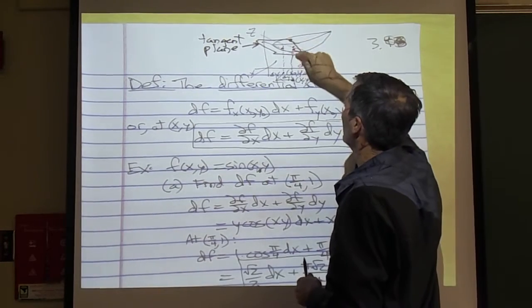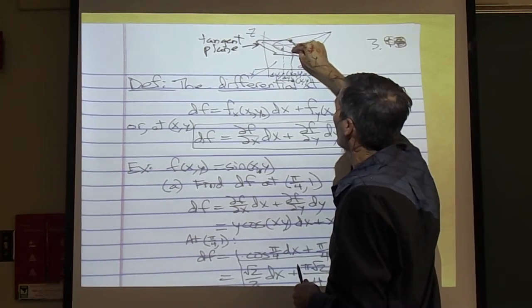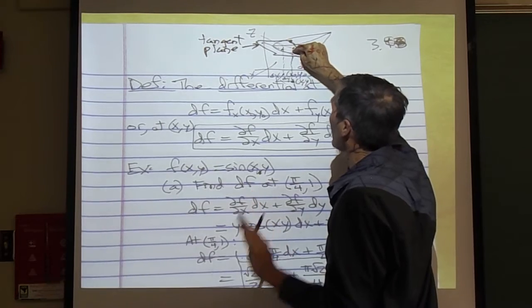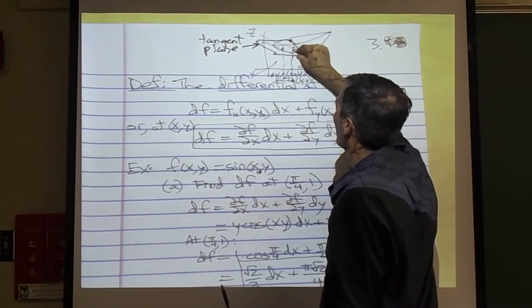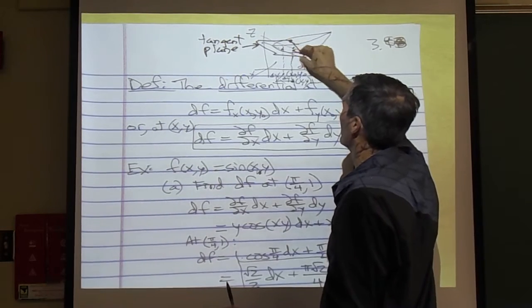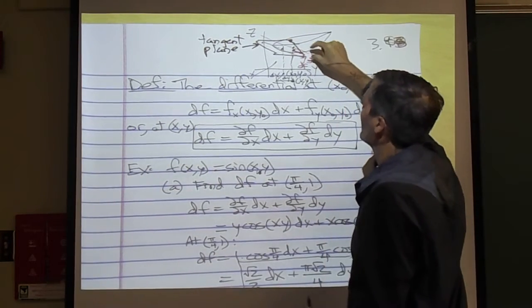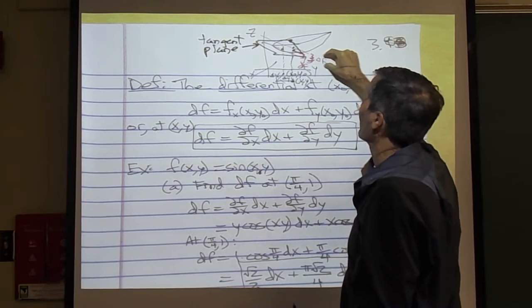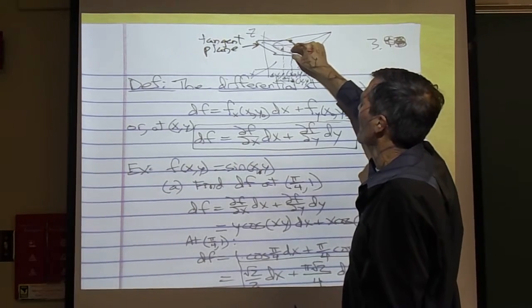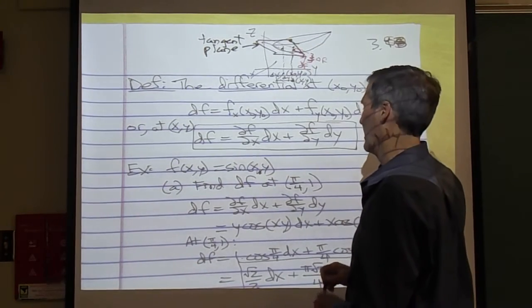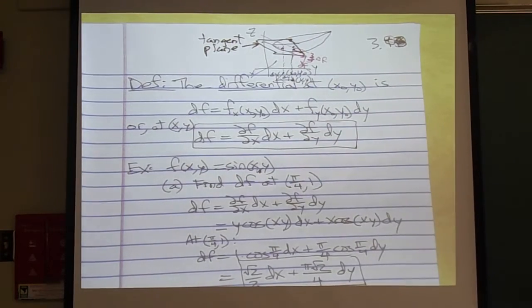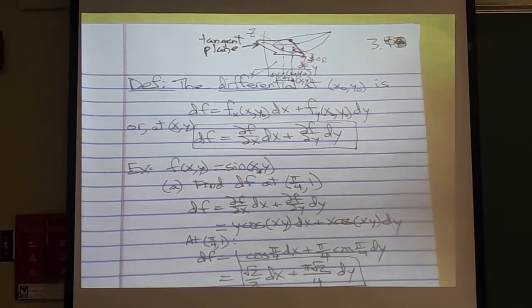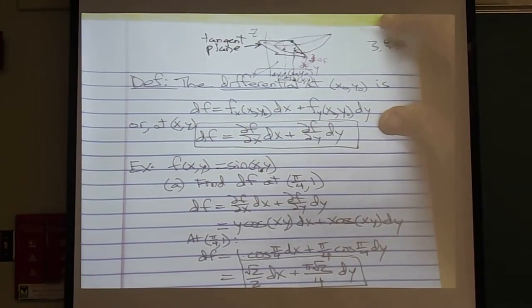This change, and df, is the tangent plane value of z minus the value of f at the old point. And so the change in the tangent plane is this much, the change in the function is this much. As you get real close to the point, delta f, the change in the function, is estimated by df, the change in the height of the tangent plane. Now let's put that back.